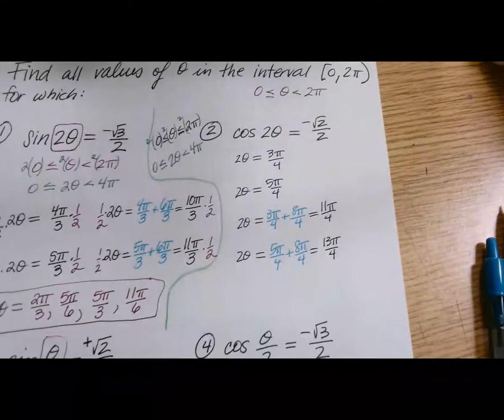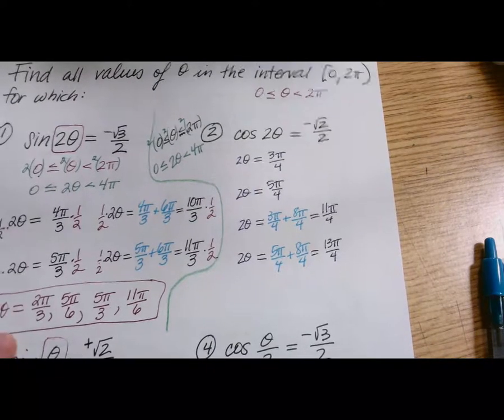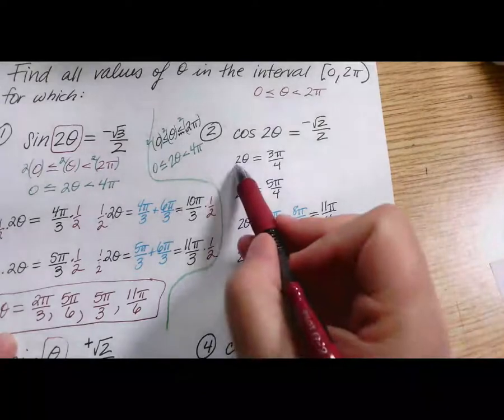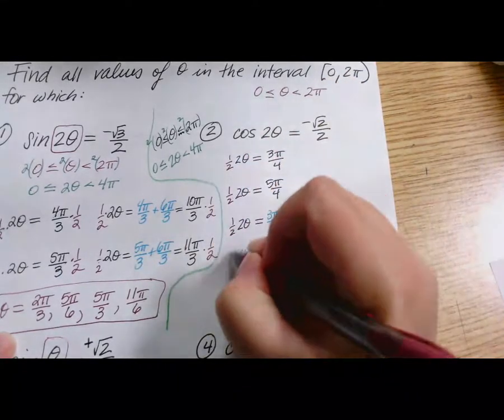Okay, so now there's only one thing left to do, and that is find the value of actual theta. We know what 2 theta has to be, but we haven't solved for theta. To solve for theta, we get rid of the 2. Multiply by 1/2 is the easiest way to do that when you're dealing with fractions.